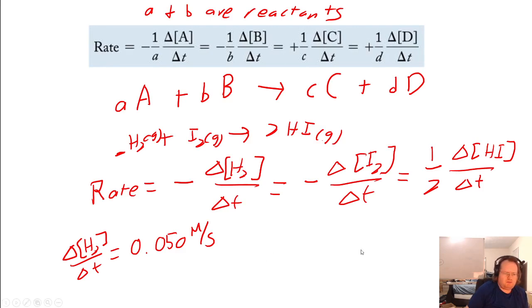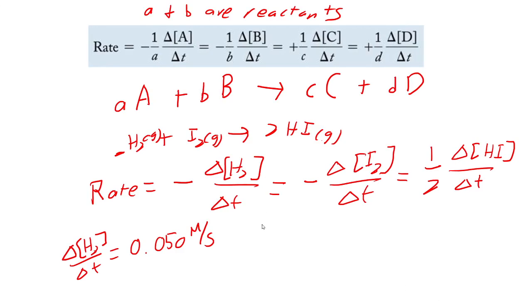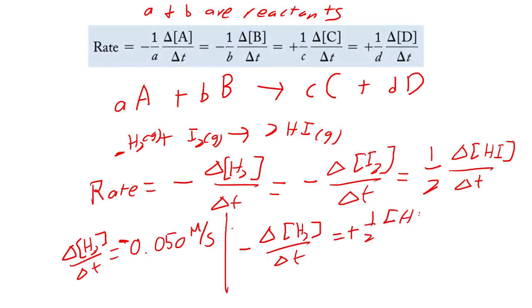Well, what we know is that the negative of, oh sorry, this should be a negative by the hydrogen as well, because we're losing it, it's going down. So the negative of hydrogen with respect to time is equal to a positive 1/2 of the change in HI over the change in time. So now we just plug in this value.